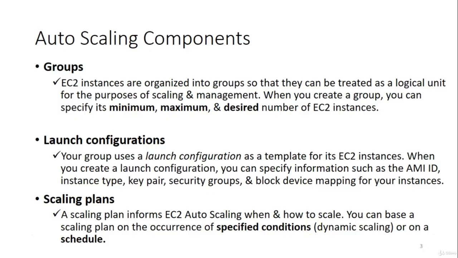The instance number should increase from say 2 to 4 or 5 or whatever. And on a schedule, it means you can set a definite date and time, and based on that date and time the auto scaling will launch instances.